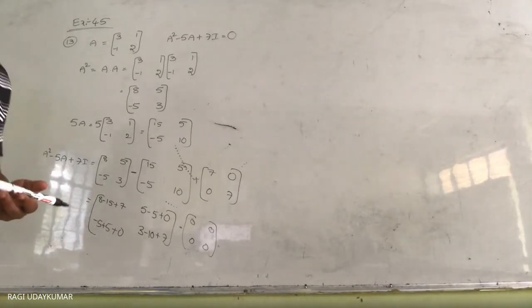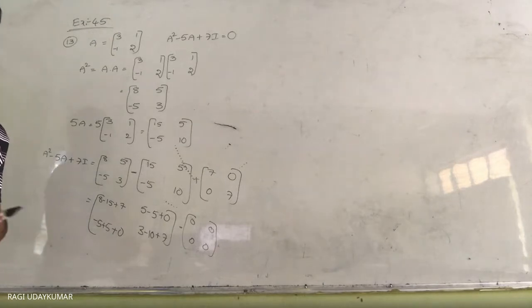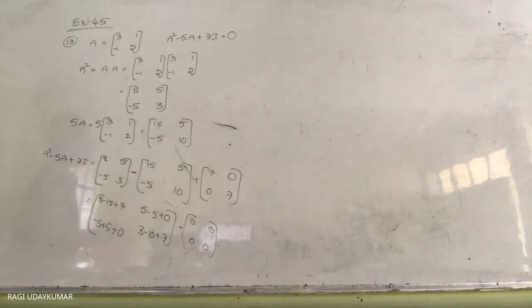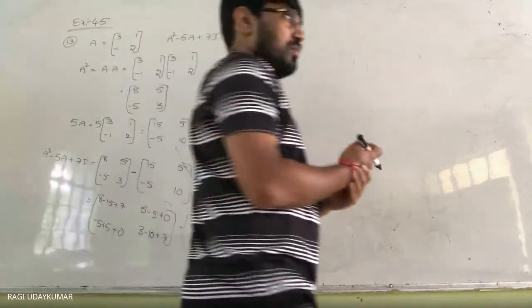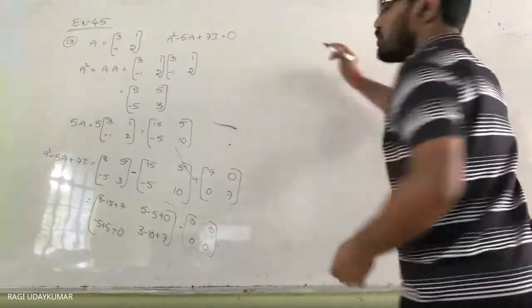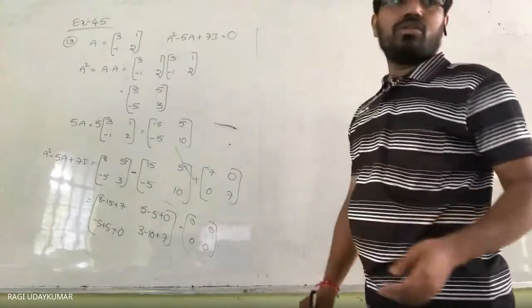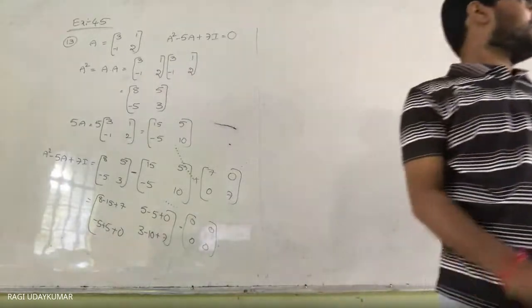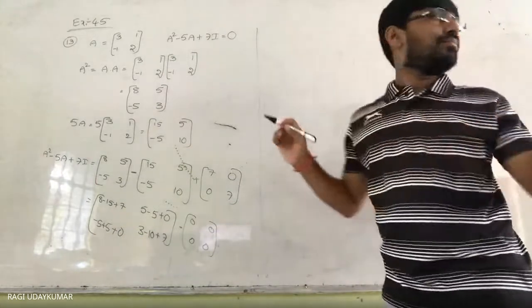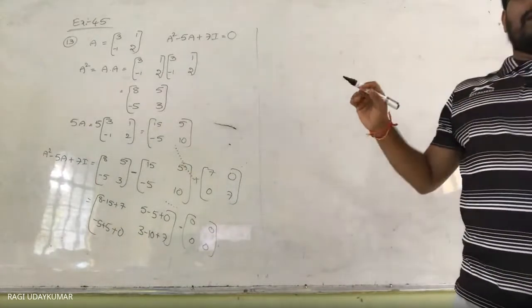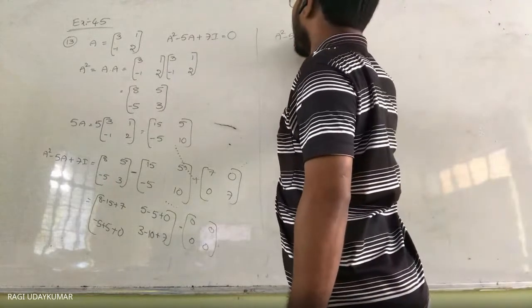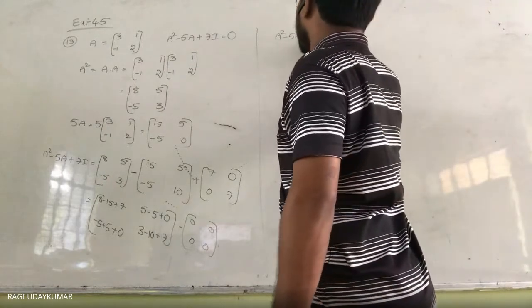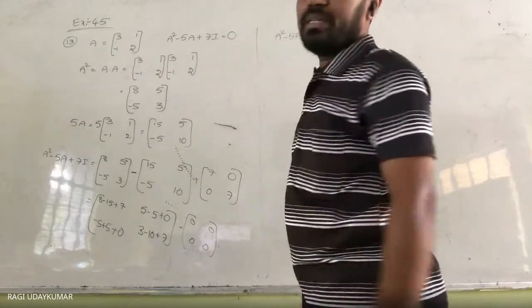So what to do in this situation? Here we need to consider A square minus 5A plus 7I is equal to O, which is given.